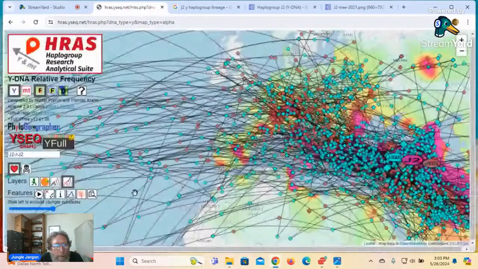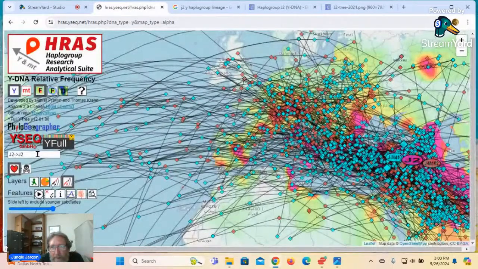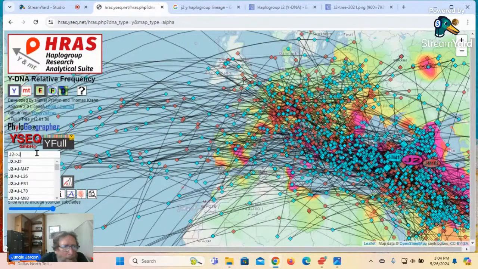So back here, we're going to now try to find some of these other lineages. We're looking for something besides M410 and M102. So we'll go here. Now, there's so many of these lineages, I can't even remember which ones I was looking for. Some of these might be the 172 lineage.